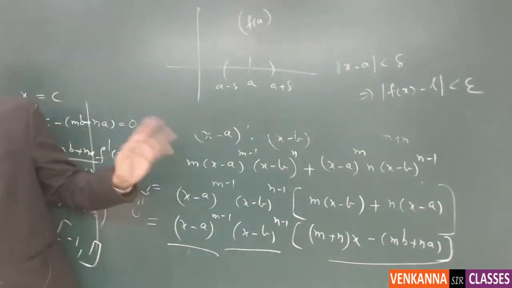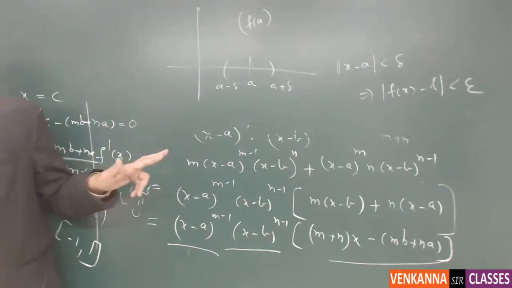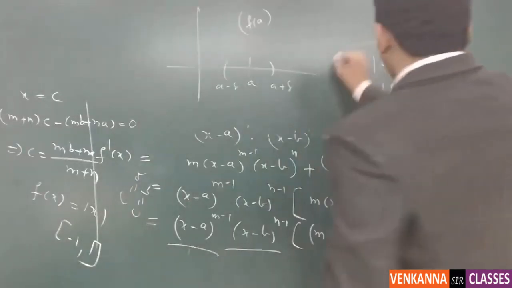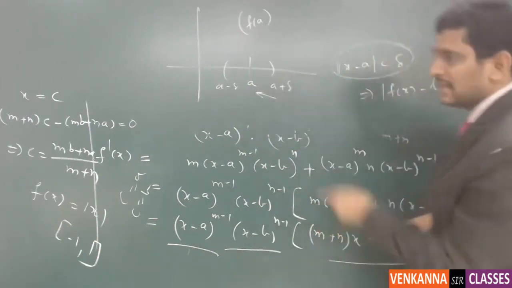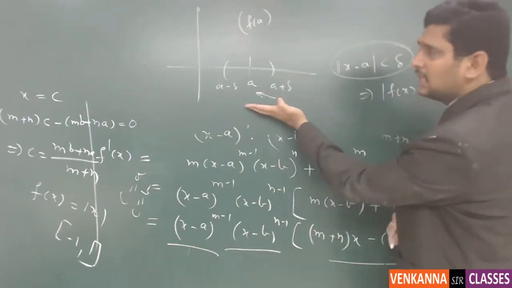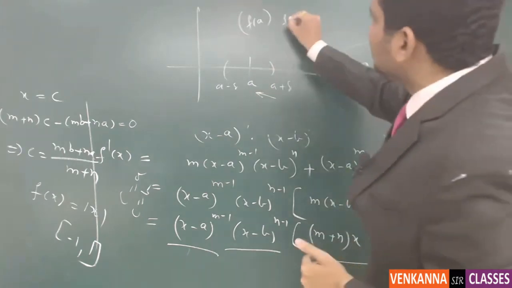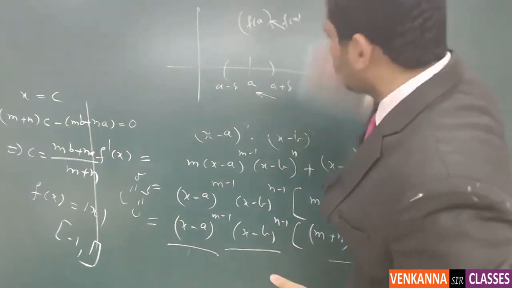If you are checking the limit with regard to a finite value, you consider a neighborhood that the value is approaching. As x approaches a, you are checking whether f of x is approaching f of a or not, isn't it?